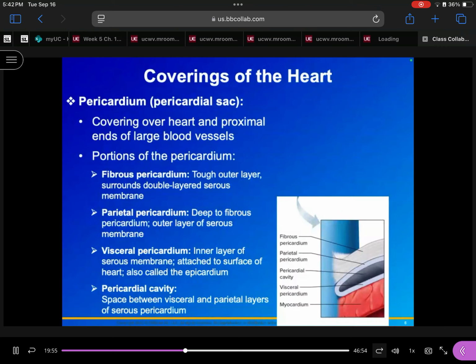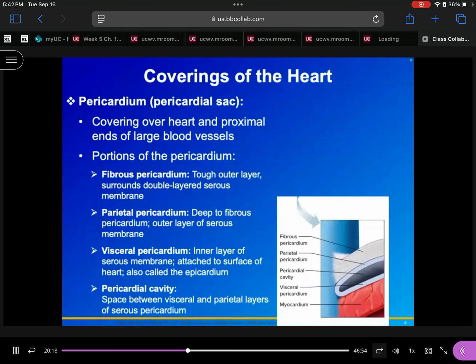All right, then we have our parietal pericardium. Think about parietal, kind of think about perimeter. It's going around the outside. So it is deep to the fibrous pericardium, and it is the outermost layer of that serous membrane that I mentioned. So we have the fibrous pericardium and then the parietal pericardium. Now this is a serous membrane, bless you.